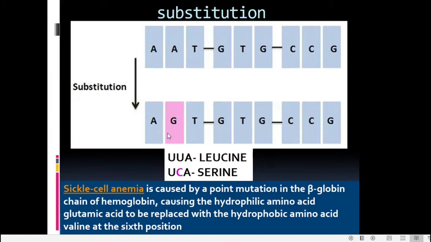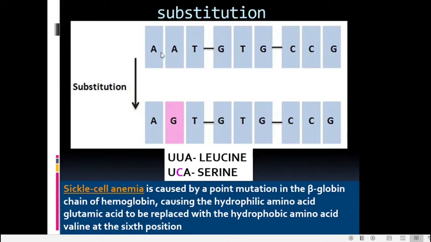So here there will be no change in the reading frame of that gene during protein synthesis, but what effect will be produced we will see. Now these genes will transcribe into mRNAs.